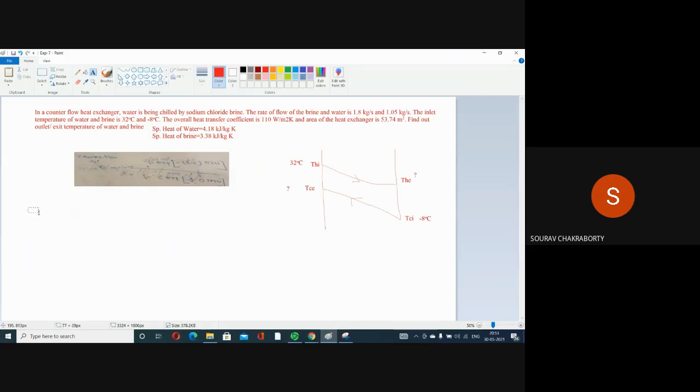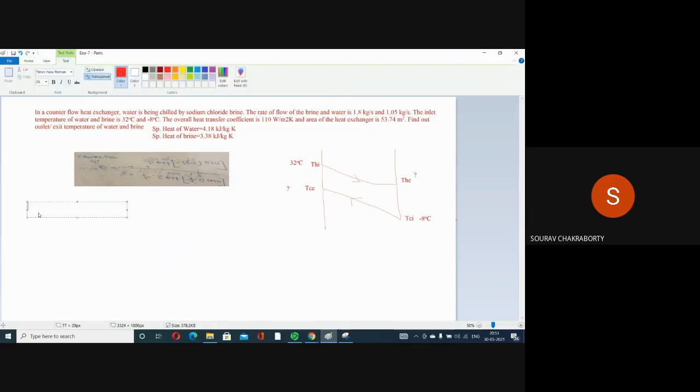How can we determine the C value? We know that C equals MCP of the smaller divided by MCP of the larger, that we know.